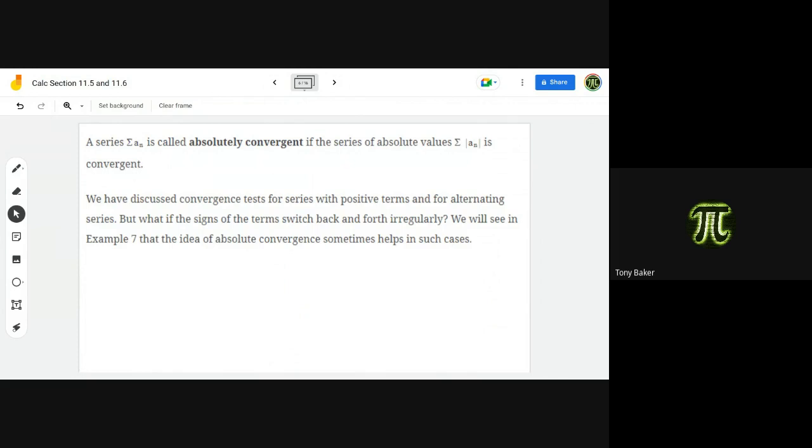But what this does is if the positive version of it works, then all the alternating parts also work. But if the positive one doesn't work, it doesn't tell me anything about the negative ones. That's what we're going to see in a second. So absolute convergence states that the series of absolute values is convergent. So if I take the absolute value of them, and that's convergent, therefore the series in general is convergent.